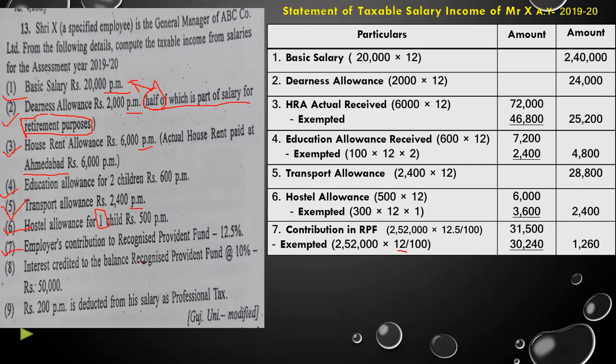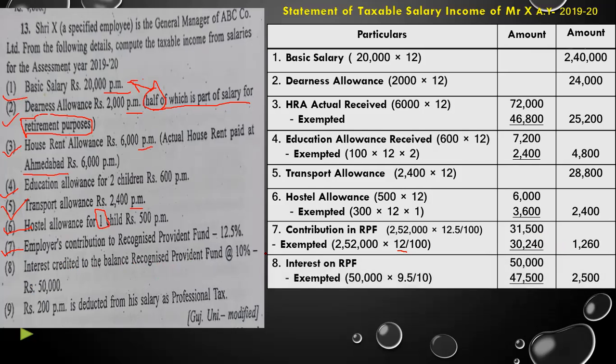Then interest credited to balance of recognized provident fund at the rate 10%, 50,000. Here always interest is calculated on the fund of RPF, but we don't know how much fund has been collected. So for calculating this, we have to write down interest on RPF 50,000. Then for exempted, we have to do the calculation this way. For the 10% interest, the interest is 50,000.